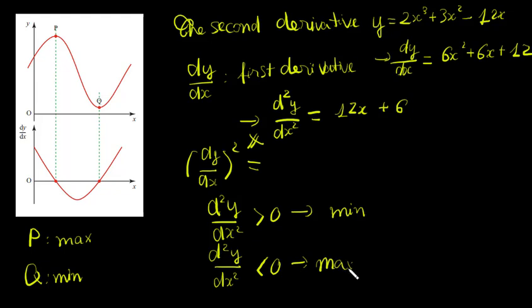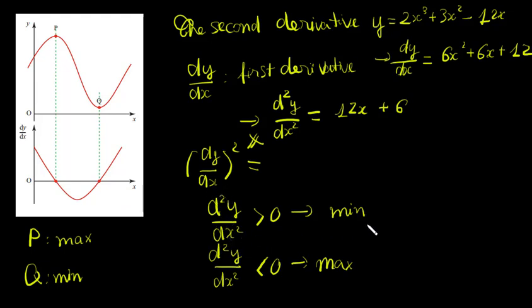This is because the graph of dy over dx against x has this gradient, as we differentiate dy over dx with respect to x for the second time, giving d squared y over dx squared.